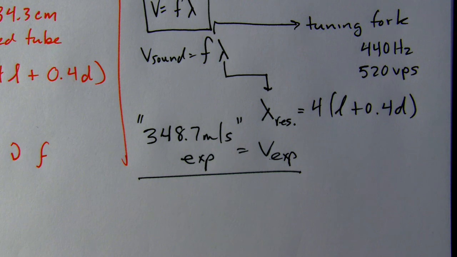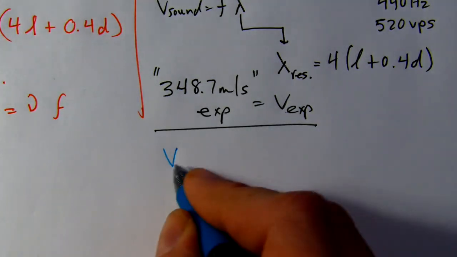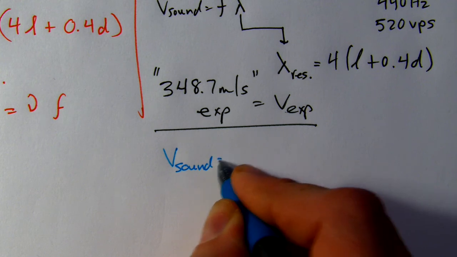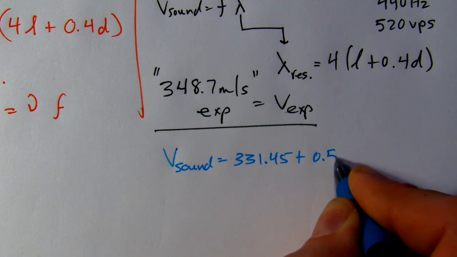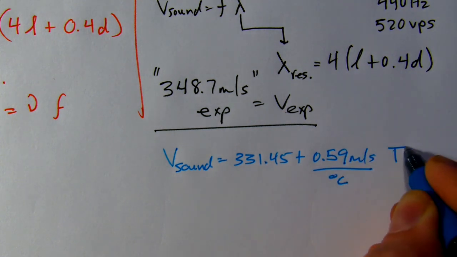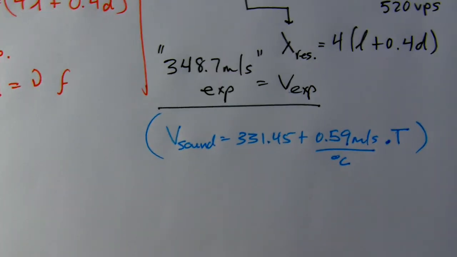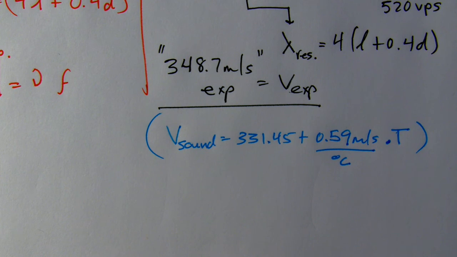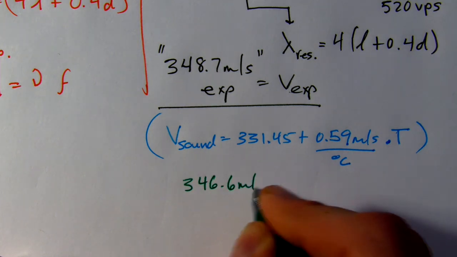Well, we actually have a way of knowing if you are correct, and that is this equation that we talked about before. The speed of sound is accepted to be 331.45 plus this many meters per second per degree Celsius times T. If you do that for whatever your temperature is, let's say that you come up with 346.6 meters per second.